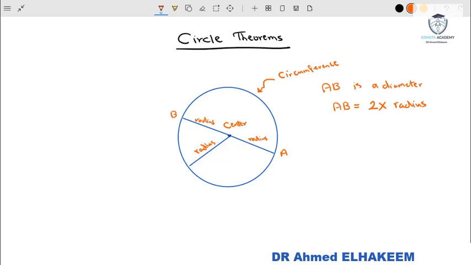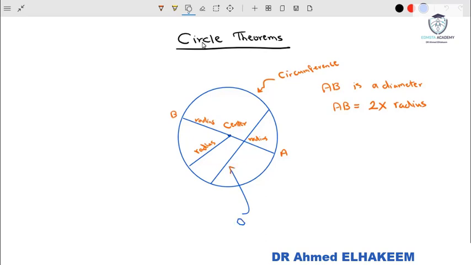Okay. So this is clear, and I think you know very well. Now, if I make something like that, this is called now what? This is called a chord.